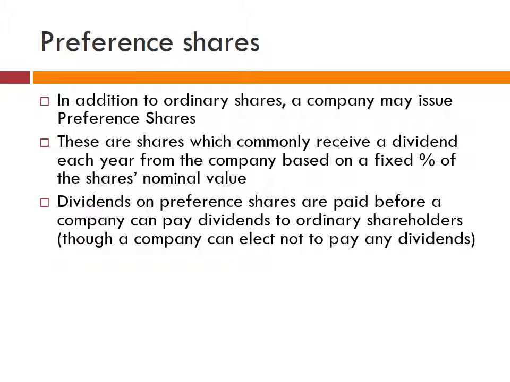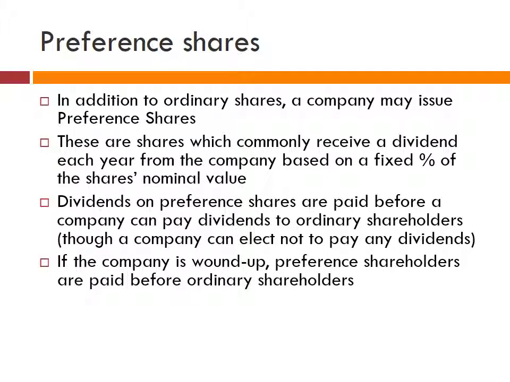What this means is that owning preference shares is less risky than owning ordinary shares, and that's why they can be attractive to investors. Also, if the company is wound up, preference shares are paid out before ordinary shareholders. So there we can see that these types of shareholders are preferred, and hence the name.